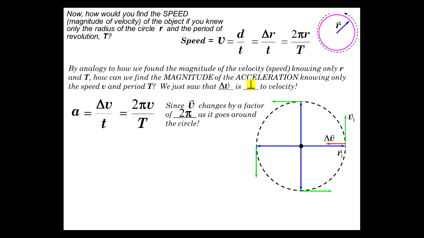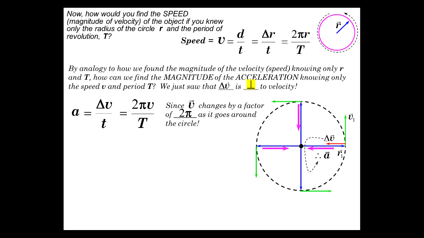But how does delta v relate to acceleration? I think you know. Acceleration is delta v over t. They're both vector quantities. The t is a scalar. That means that's the direction of acceleration as well. Acceleration is always in the direction of the change in velocity. So there's our acceleration vector.